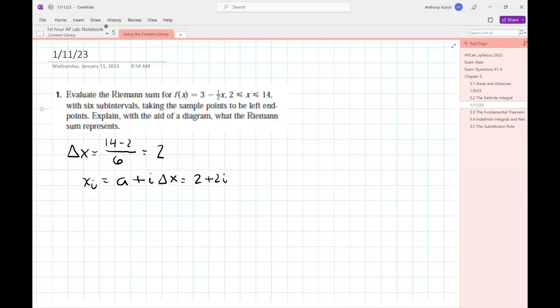But since we're talking about left endpoints, we're starting with x0, so 2, and then 4, and then 6, and then 8, and all the way out to 12.